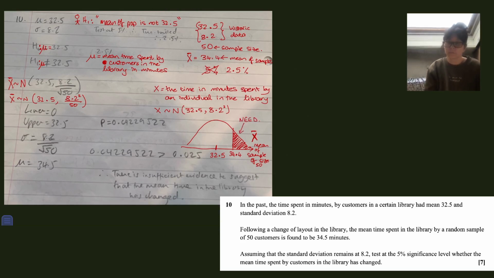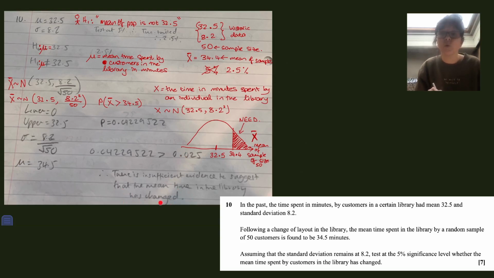That area is the probability that x bar is bigger than 34.5. That's what we need to find. And then, which you seem to have done here, we are going to compare that area to 2.5, and if it comes out bigger than 2.5, then there is insufficient evidence to suggest that the mean time has changed.